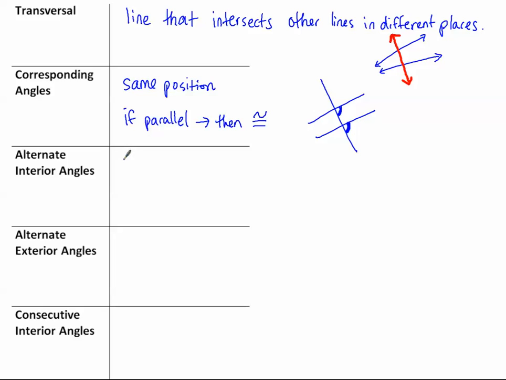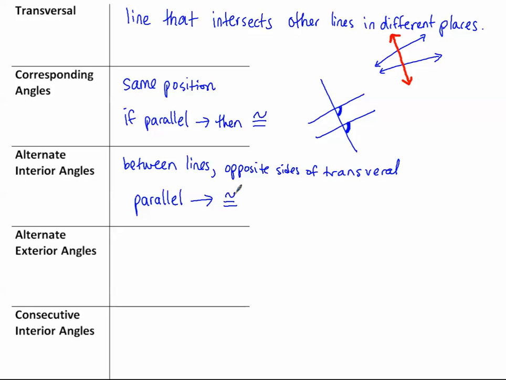Alternate interior are between the lines and on opposite sides of the transversal. Again, if we have lines that are parallel, then these angles are congruent. So in a picture, alternate interior will be like this and this angle.